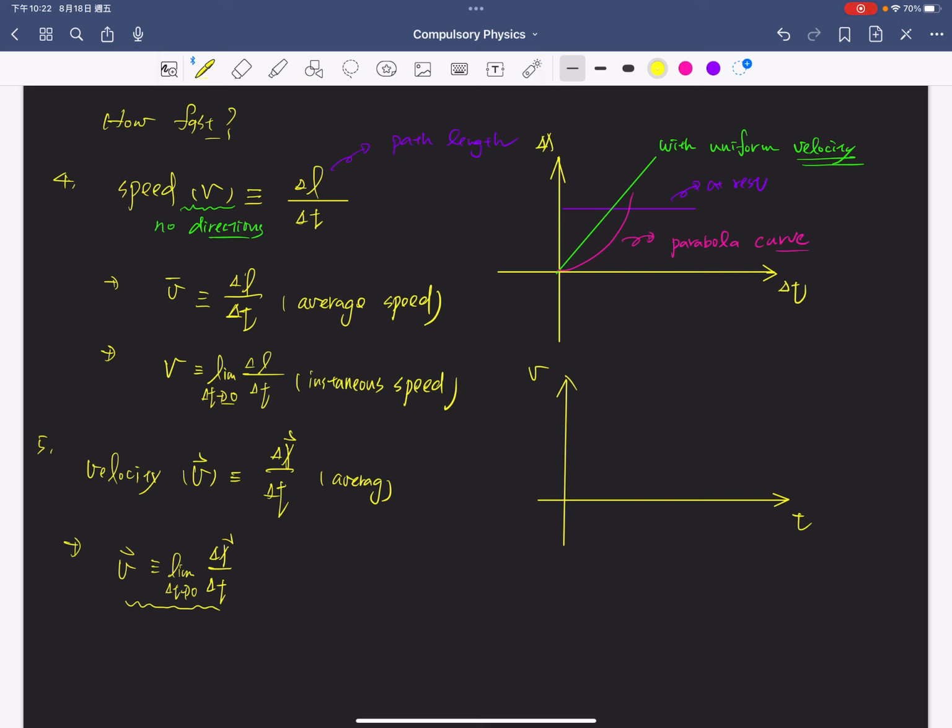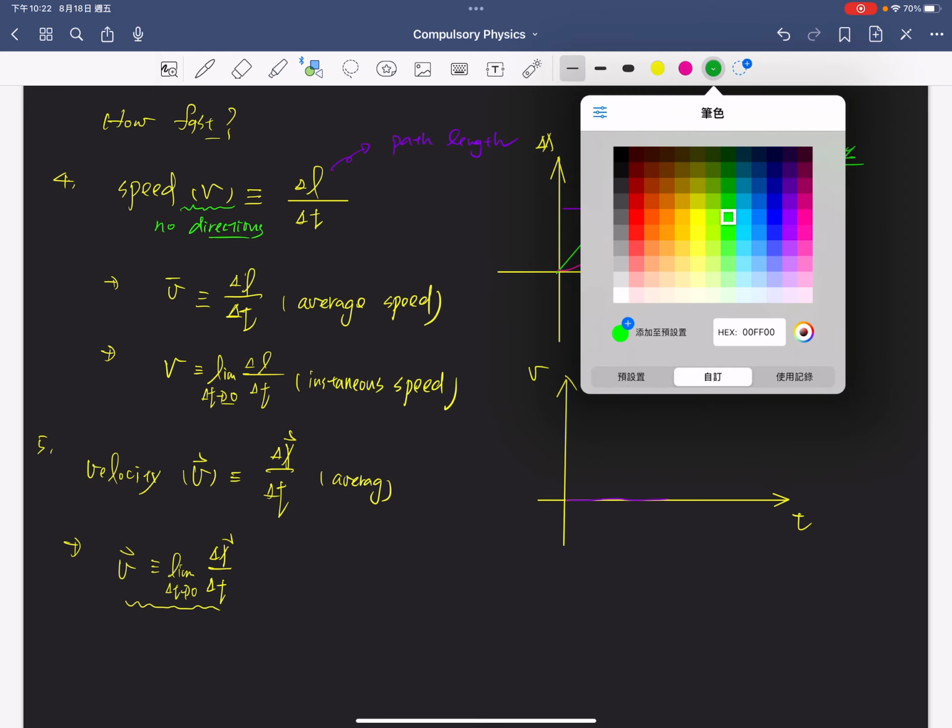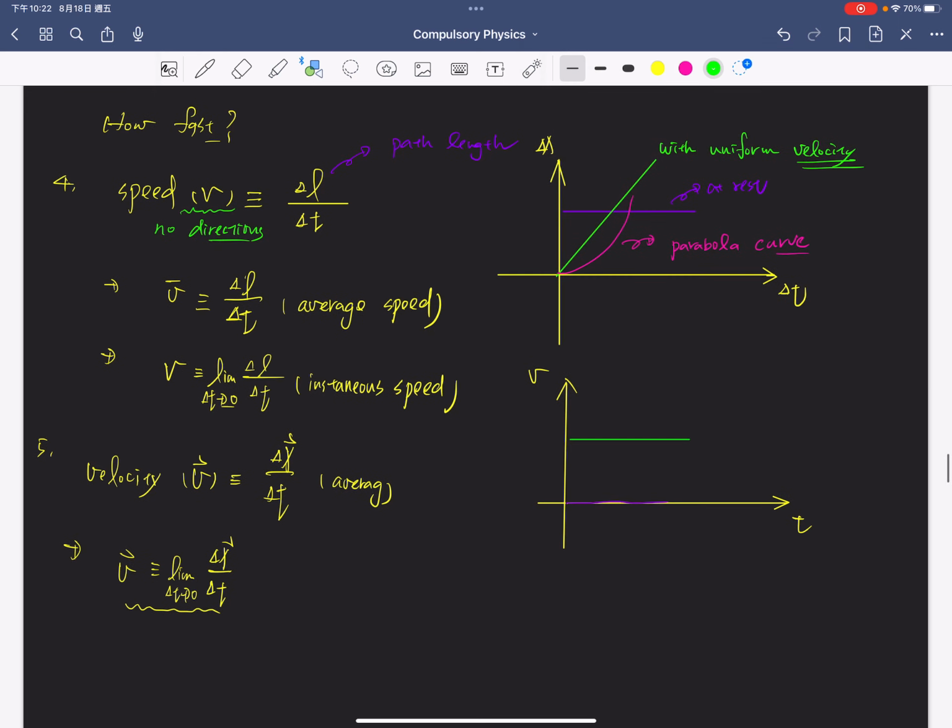You can get, first, at rest or zero, and uniform velocity is just like this one. And the parabolic one is like this. Sorry, this curve is the uniform acceleration.